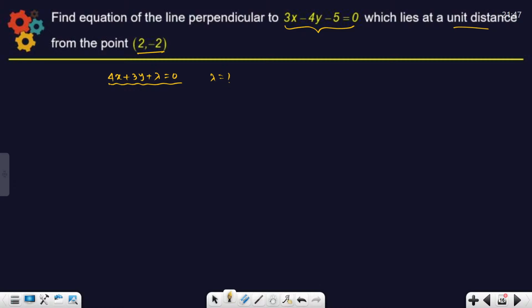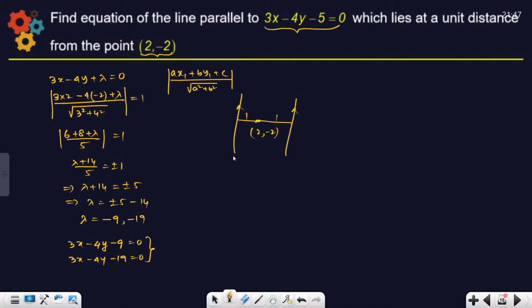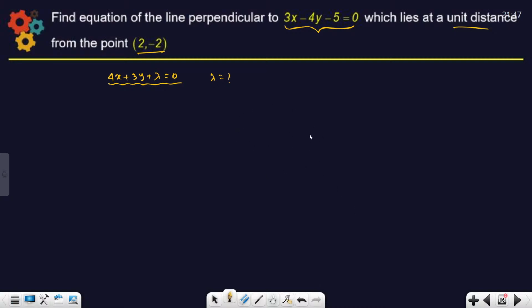Because at unit distance from the point (2, -2), our required lines will have two such kinds of lines. That is why in this question also we are going to have two values of lambda, that is, two equations. Okay, now let us move to the next problem.